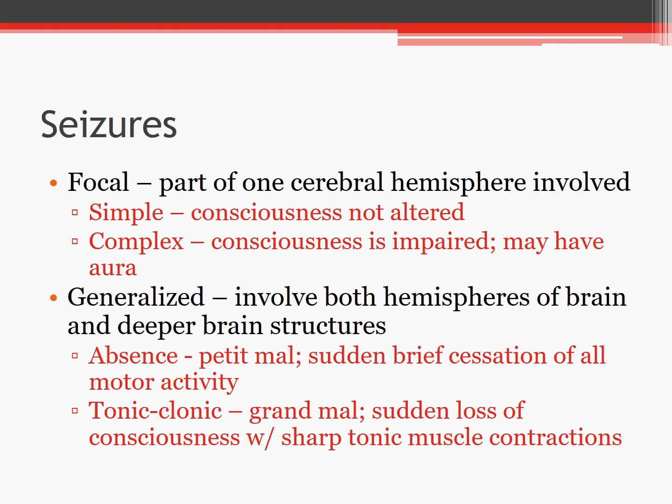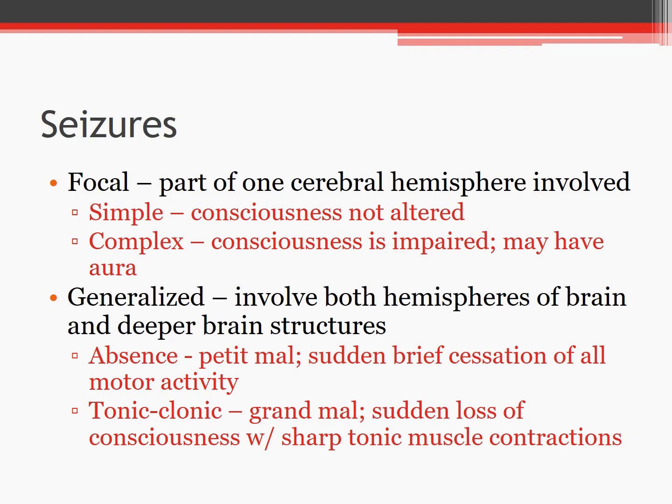And then we have the tonic-clonic, which used to be called the grand mal. There is a sudden loss of consciousness, characterized typically by someone falling to the ground. If they are upright, the body stiffens, and that is considered the tonic phase. The subsequent jerking of the extremities is considered the clonic phase.